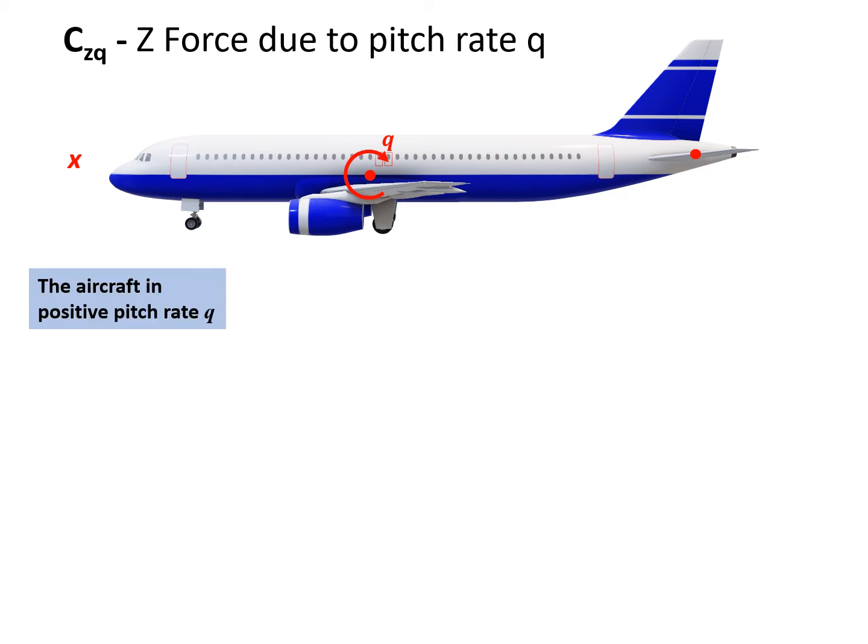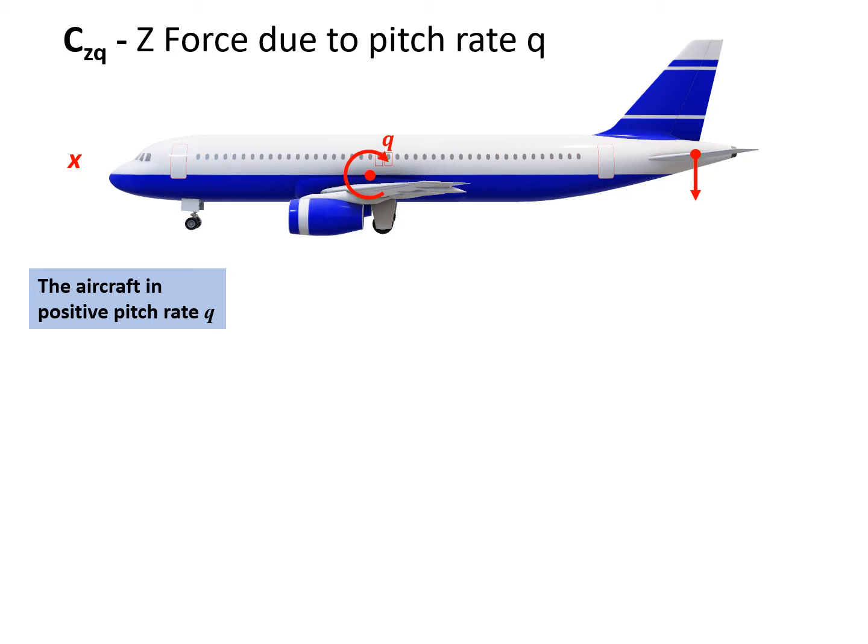First of all, the aircraft is in a positive pitch rate Q, and what happens on the elevator plane is there will be a downward velocity vector.